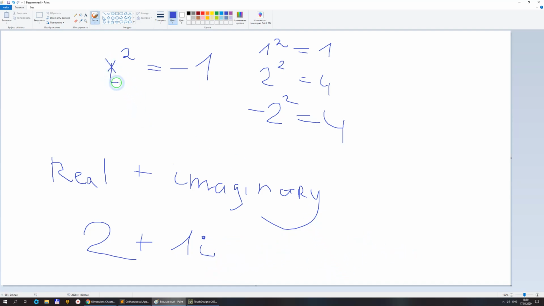So it was called later, when it was invented, they called not x but i. So i squared equals -1, and for example 2i squared equals -4, and -2i squared equals -4.